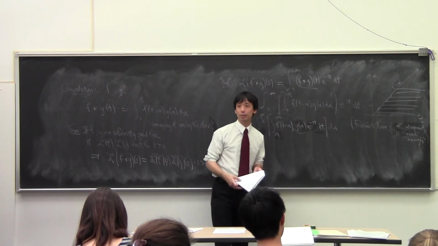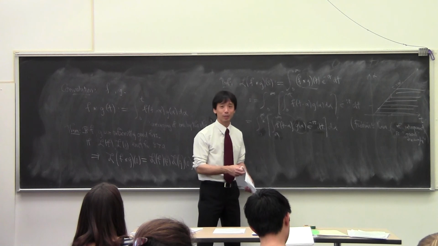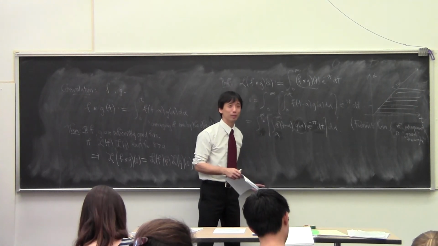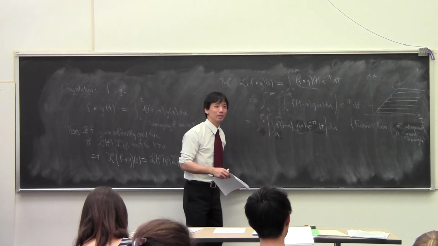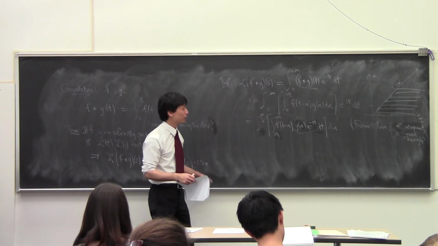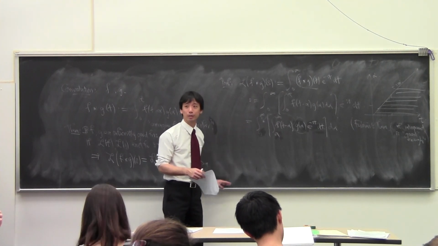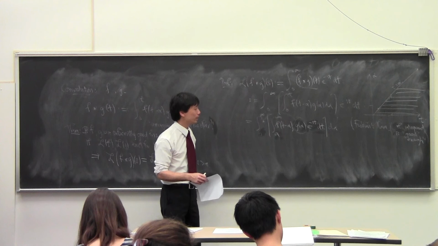In your topology class, we probably never told you what was good enough, and I'm not going to tell you now, but if you want to know, look up Fubini's theorem. You can change the order of integration as long as the thing you're integrating satisfies some condition.